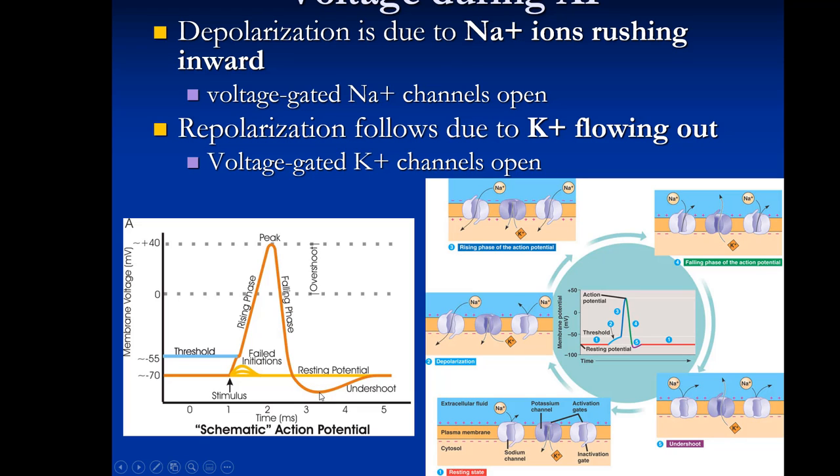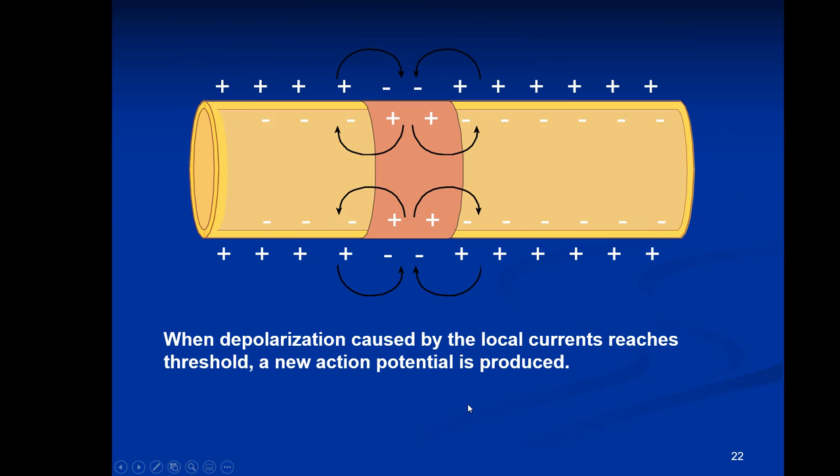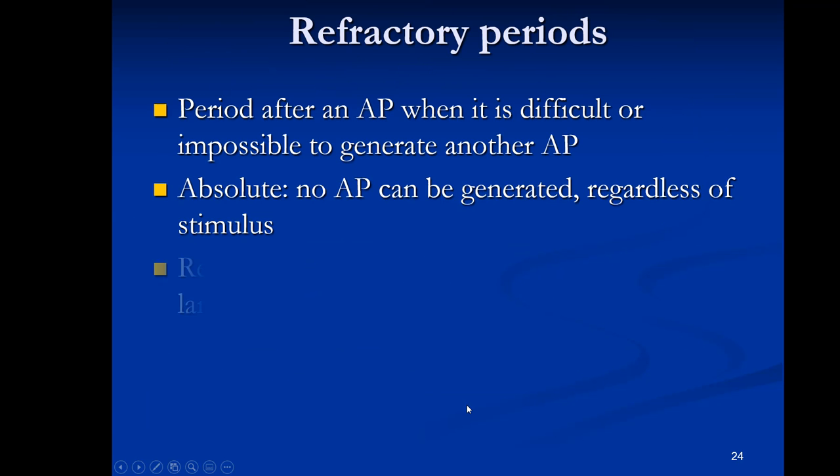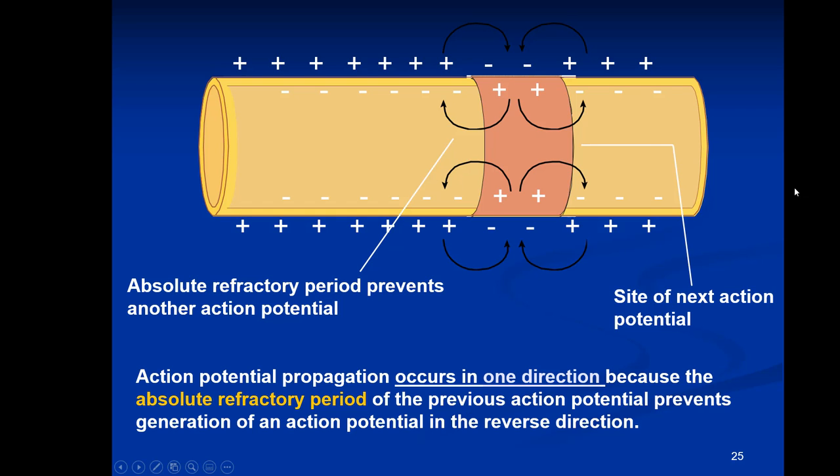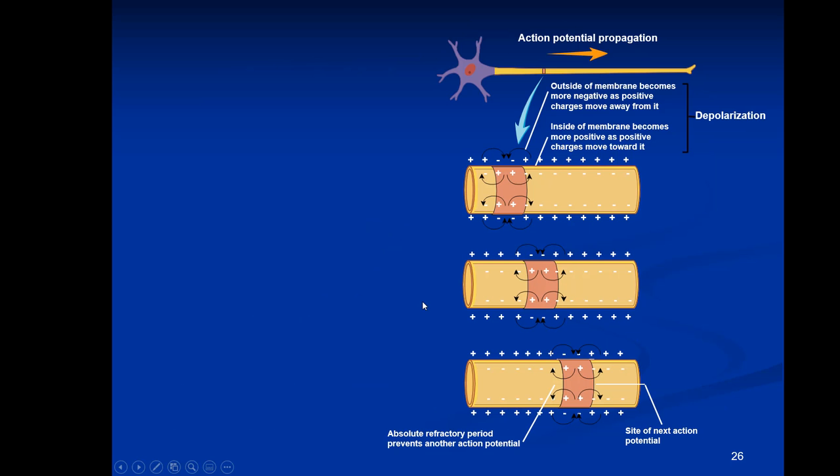You could generate an action potential, but it's going to take a larger than normal stimulus to get to negative 55 because you're actually starting at like negative 80. So it's not truly at rest yet. So this would be in the area of a relative refractory period. Over here would be impossible, so this would be absolute refractory period. All right, so that's refractory periods. And then just more pictures for you.